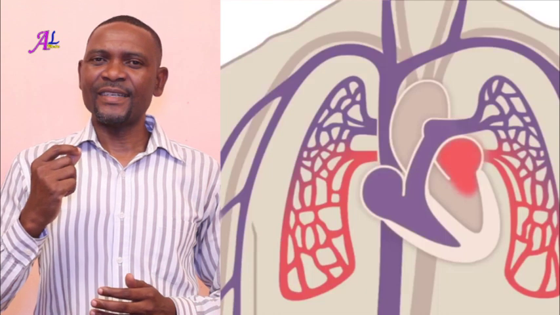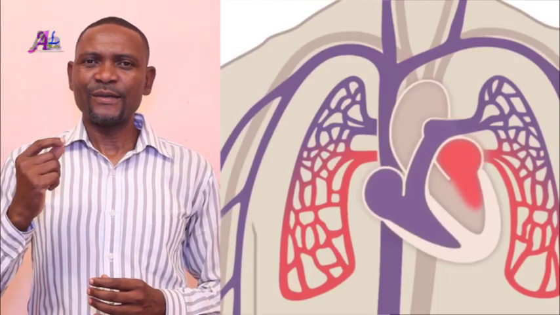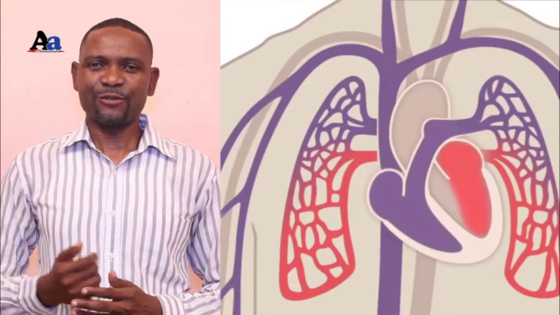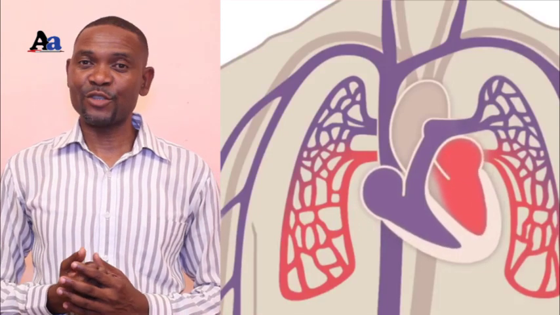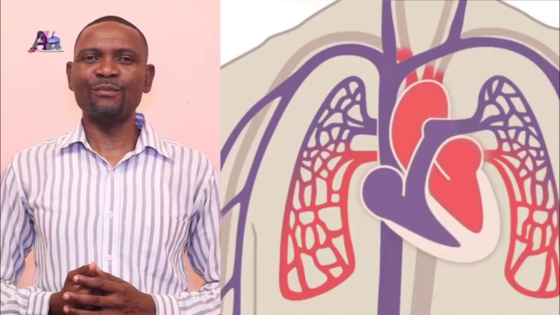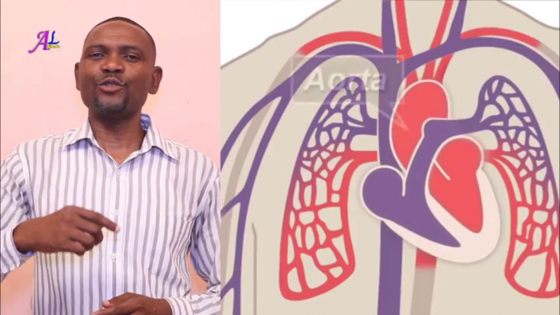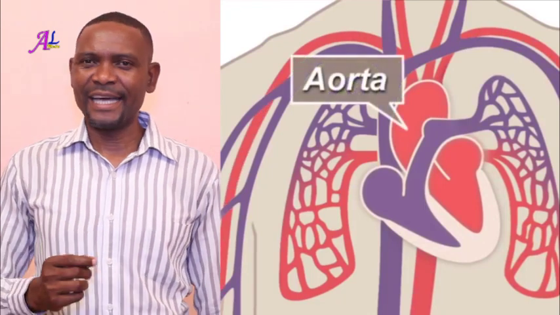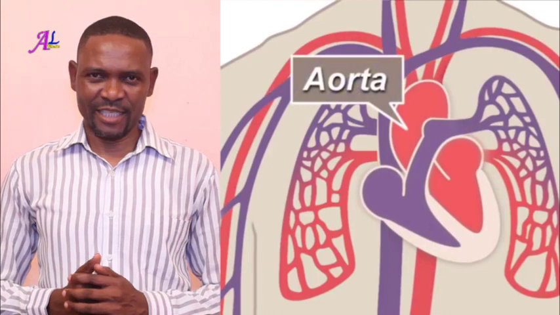At the left auricle, blood is pumped to the left ventricle. Of course, it will pass through the bicuspid valve. And from the left ventricle, blood is pumped all over the body. It will leave through a large artery called the aorta.